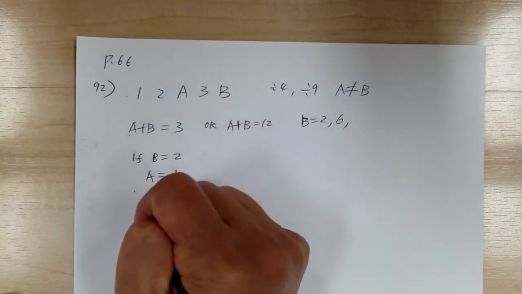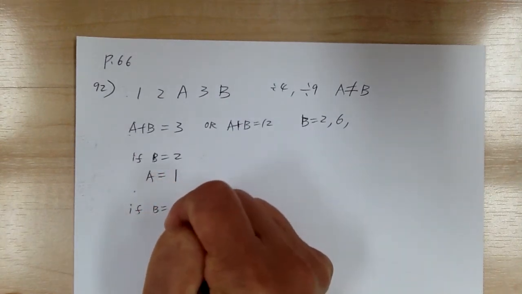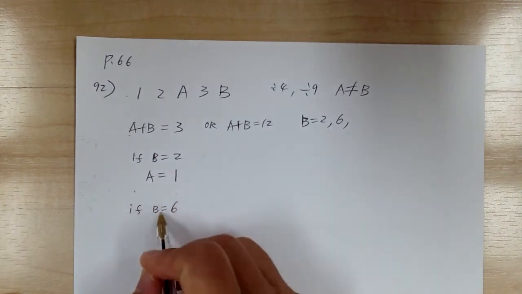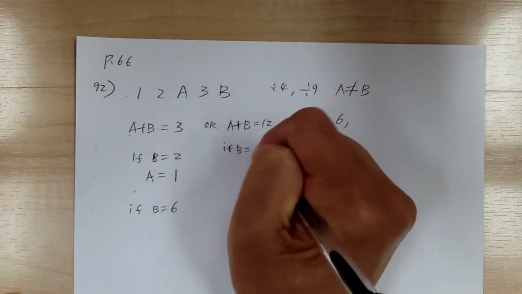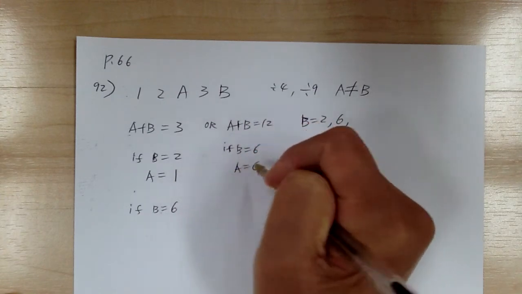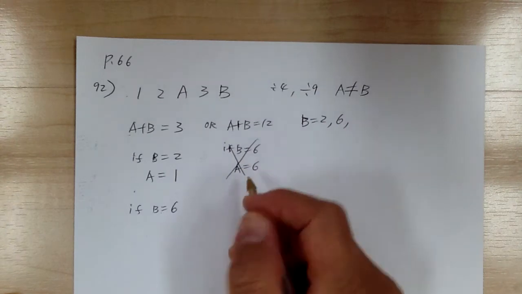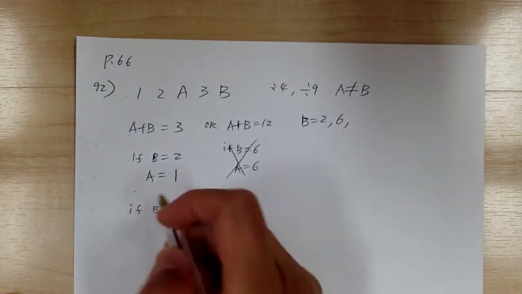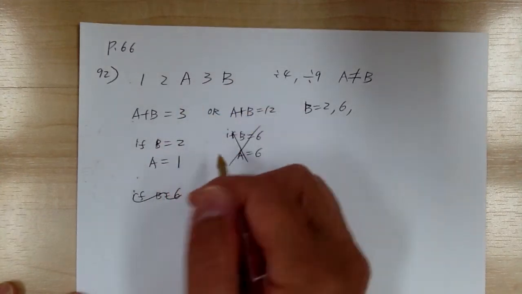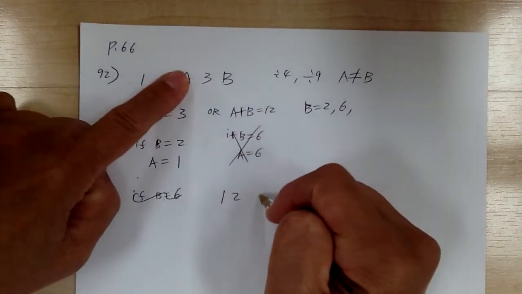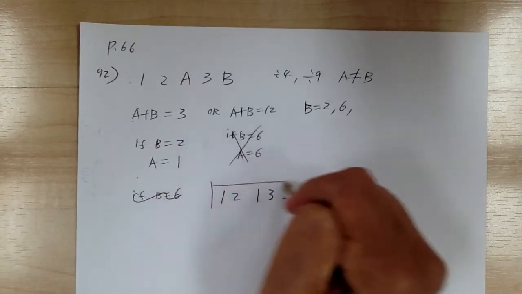If B equals 6, then A equals 6, but A cannot equal B, so this one is no good. So the only one that is good is B equals 2. When you put it in here, you're going to get 1, 2, the A is 1, and B is 2, and so that would be your number.